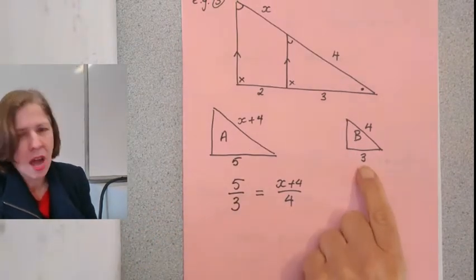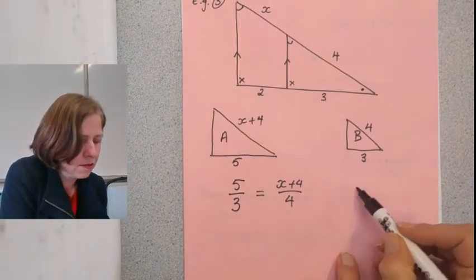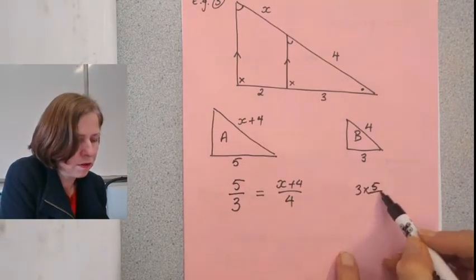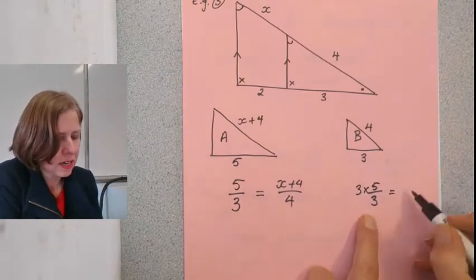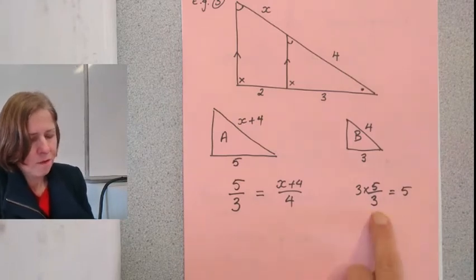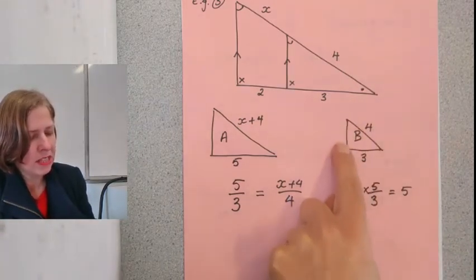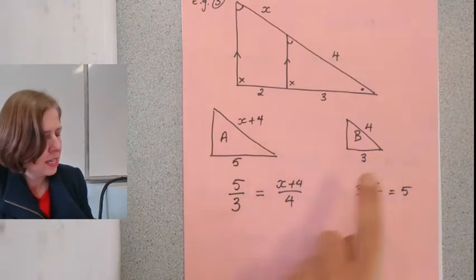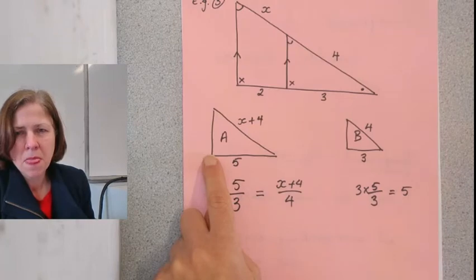If I multiply this 3 times 5 over 3, those 3's will cancel, and I'll get 5. So 5/3 is the number that I multiply the lengths on this triangle by in order to get the lengths on this triangle. All right?